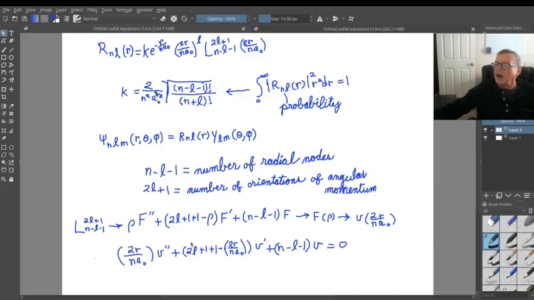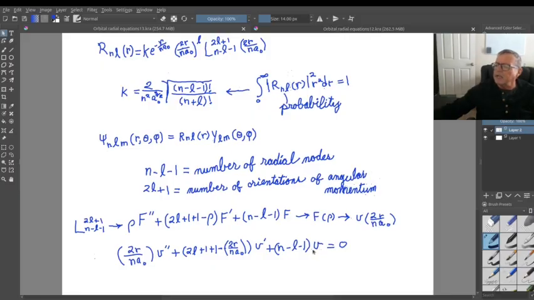This one, I've put 2l plus 1, which of course is 2l plus 2, but there's a reason for that. This is a special factor here, plus 1 minus 2r over na sub 0. Hopefully this doesn't cause you any headaches, because it's just restating it in such a way.